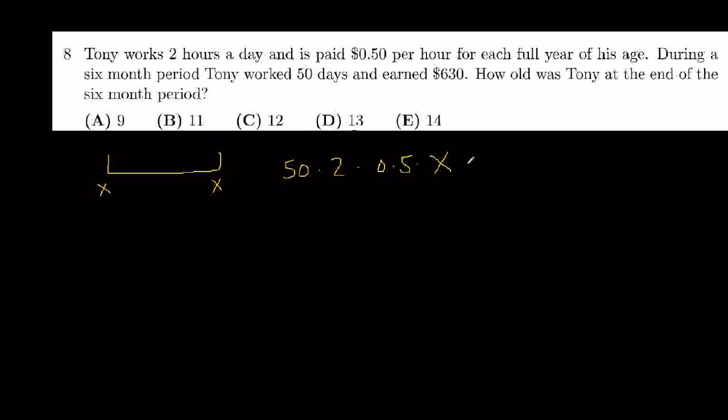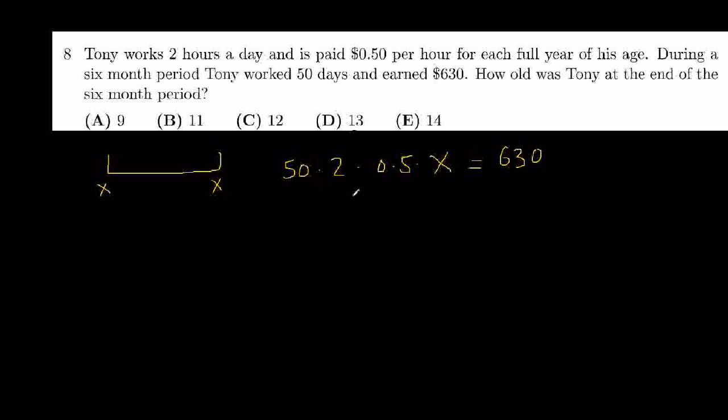Question number 8. Let's do some estimation first, assuming Tony is at age X without any change for the 6-month period. So he starts with X years old, ending with 6 months older. So we'll have 50 times 2 times 0.5 times X that Tony has earned, which has to be equal to 630.